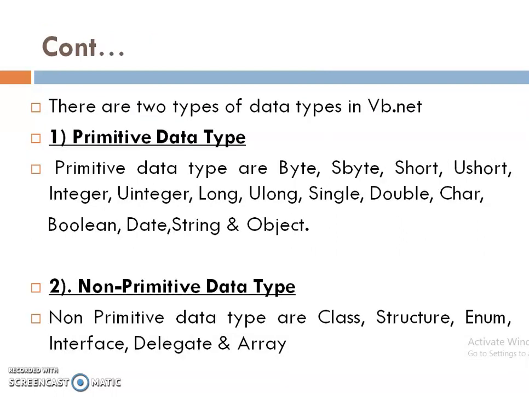There are two types of data types in VB.NET. First is primitive data type and second is non-primitive data type. Primitive data types are Byte, SByte, Short, UShort, Integer, UInteger, Long, ULong, Single, Double, Char, Boolean, Date, String, and Object. Then second, non-primitive data types are class, structure, enum, interface, delegate, and array.